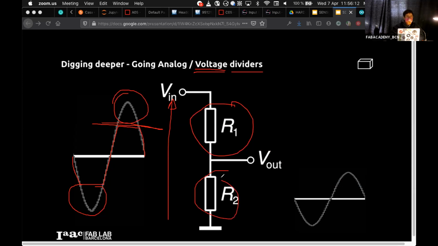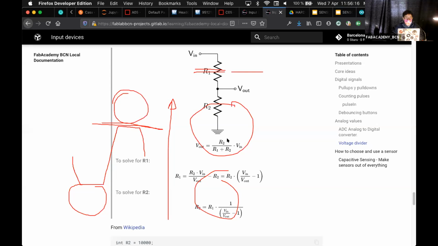And with the equations that I showed you, well, that we derived together actually, and that are also here, you can find out what the values of those resistors are so that you can read an analog signal into a microcontroller that has lower range. Okay.